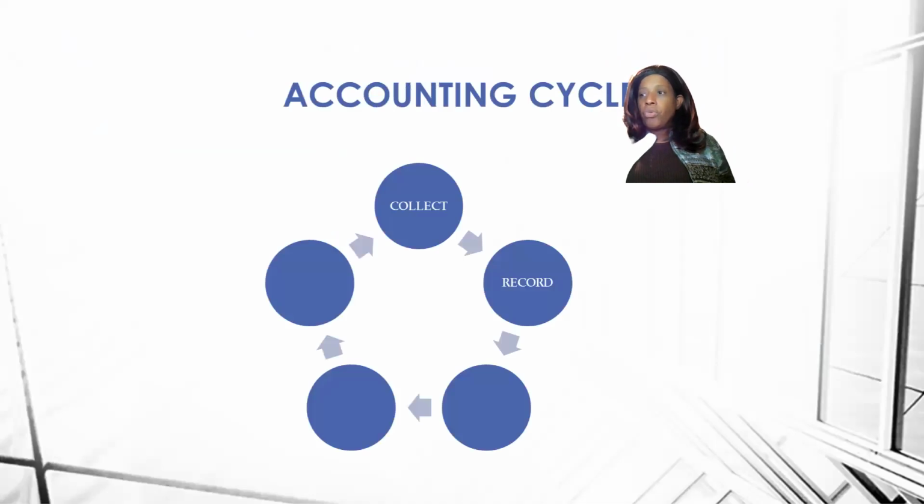So in the first step, what do we do? We collect information. That's the first part. Then the second part is going to be recording. Then we're going to do posting to the ledger. We will do trial balance, adjusting entries, financial statements, closing entries.